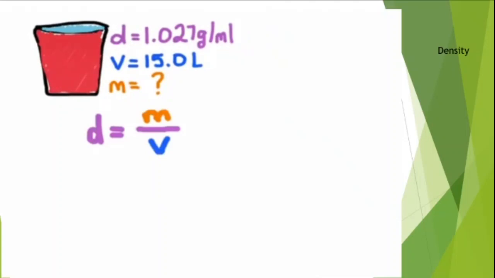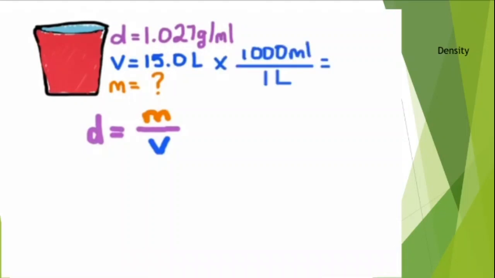If I take a look at my units for volume, I can see that liters are listed here and milliliters are listed here, and I need to have a common unit. Since my density is usually measured in milliliters, I'm going to convert the 15 liters into milliliters first. To do that, I'll multiply by a conversion factor that compares milliliters to liters.